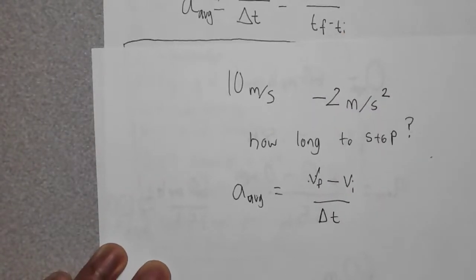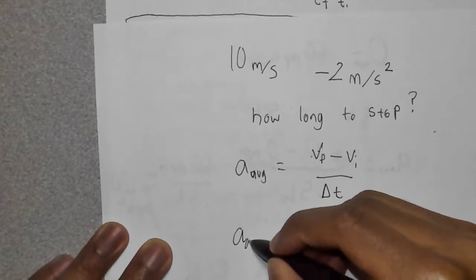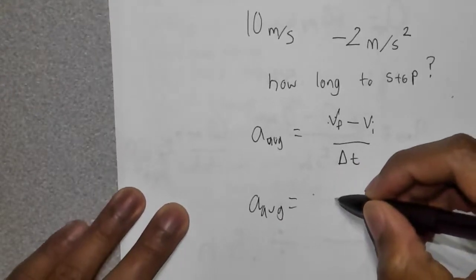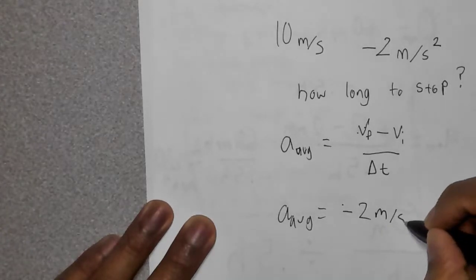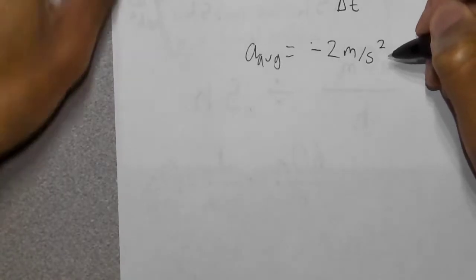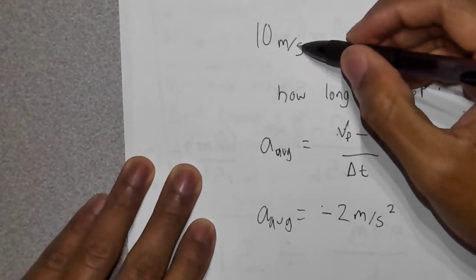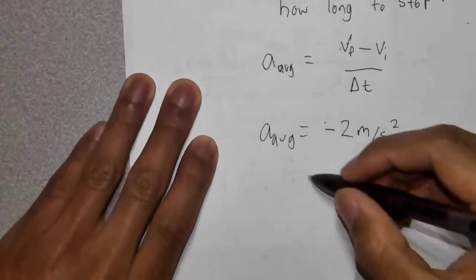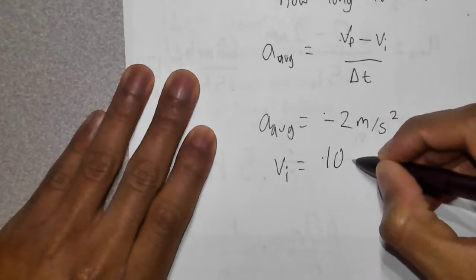So I'm going to start writing these variables down. Average acceleration equals -2 meters per second squared. I said we have the initial velocity equals 10 meters per second.